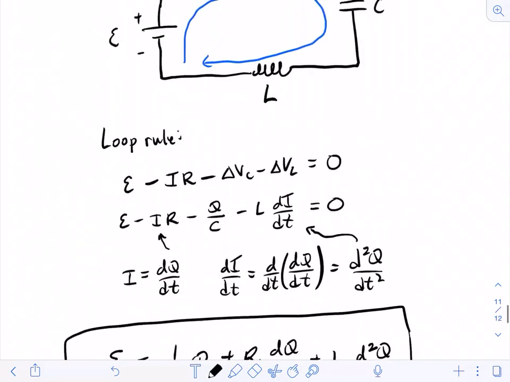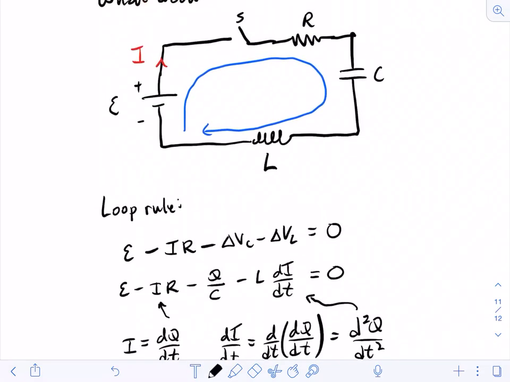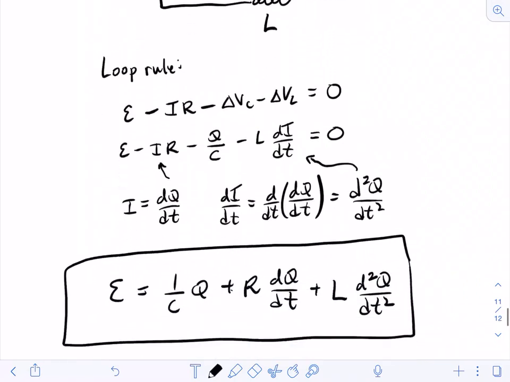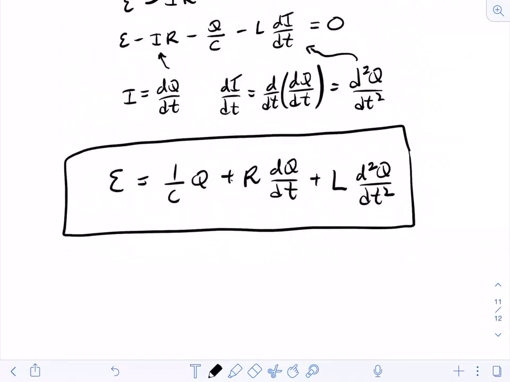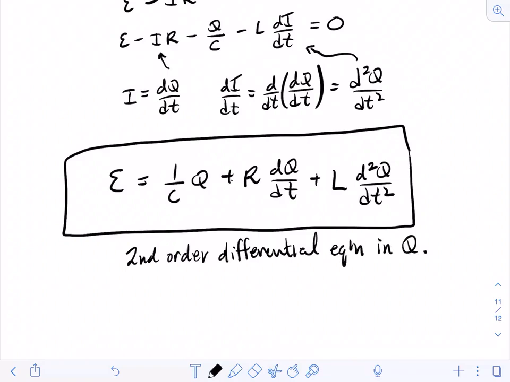Even though our circuit is relatively simple, it's just 3 components, 1 resistor, 1 capacitor, 1 inductor, the solution for the charge requires that we solve a second order differential equation in Q. And what it leads to is pretty complex behavior.